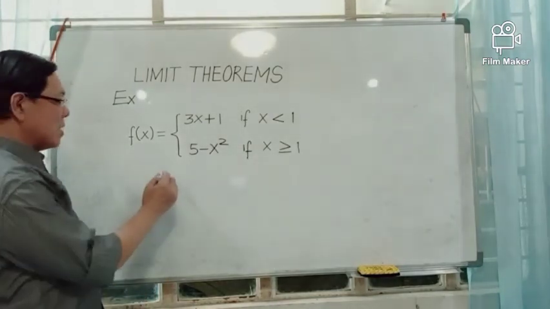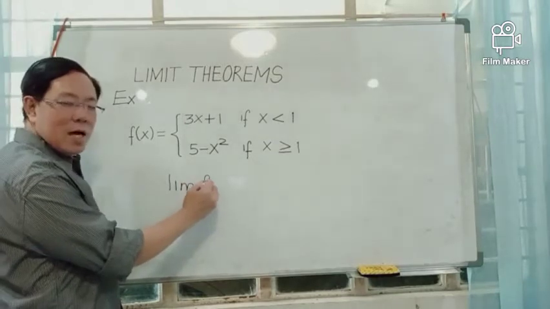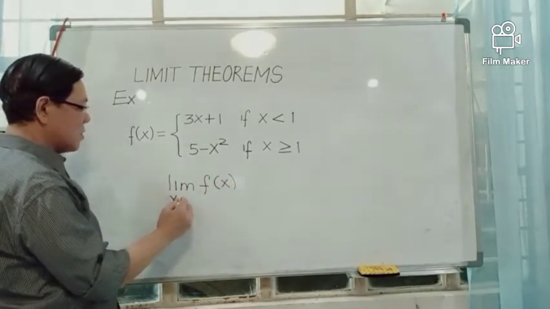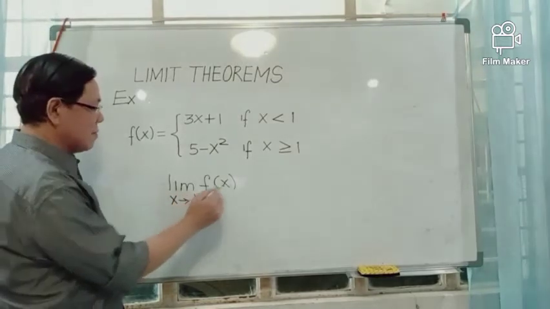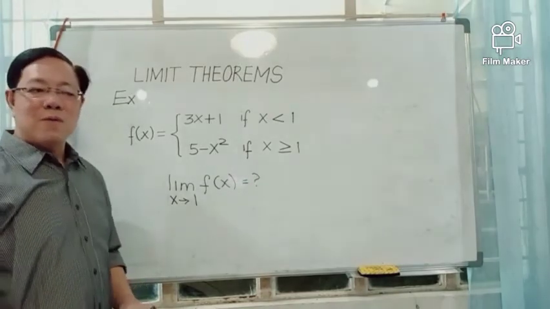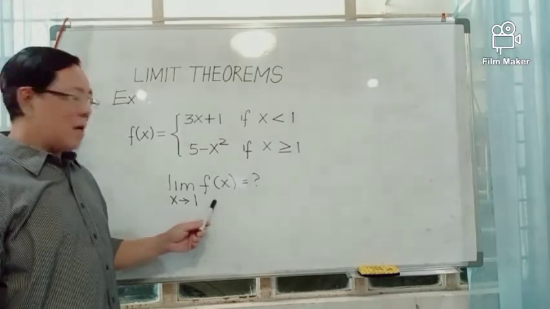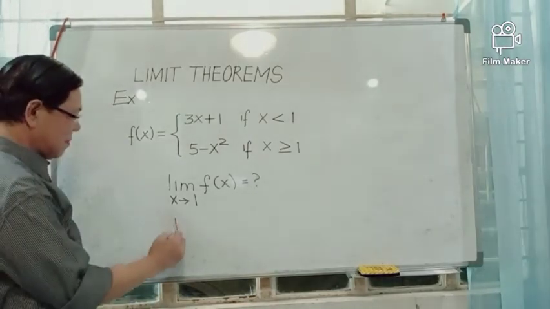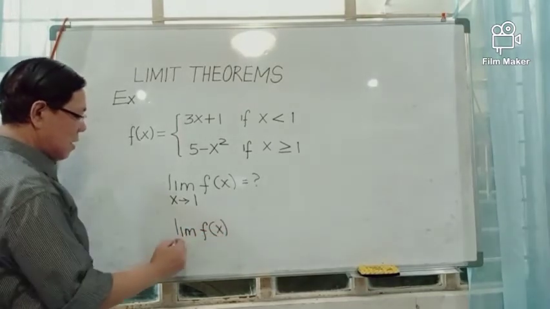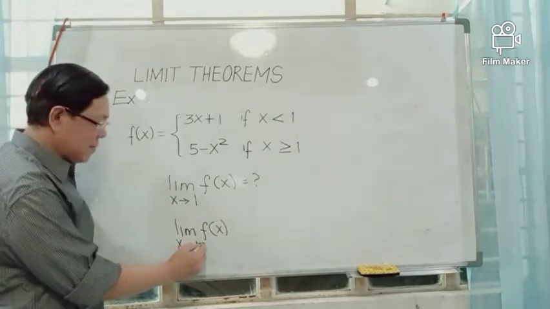We will find the limit of the function f of x as x approaches 1. For this example, we will find the left-hand limit, that is the limit of f of x as x approaches 1 from the left.